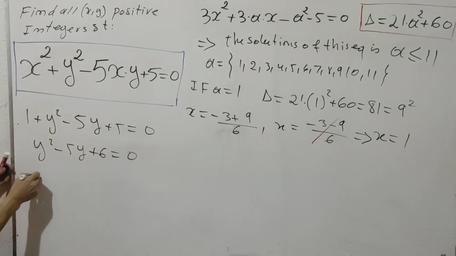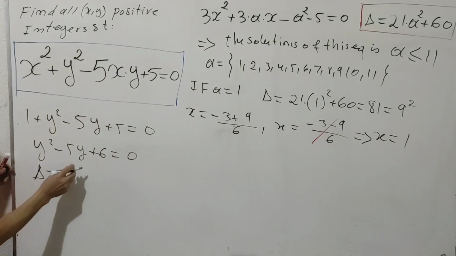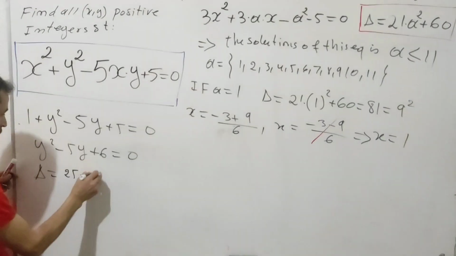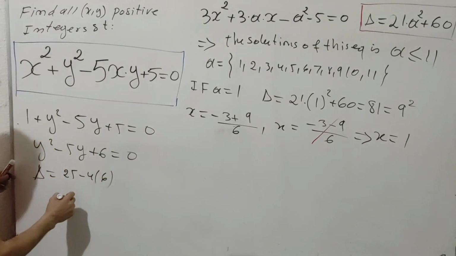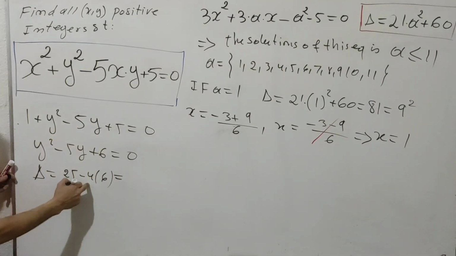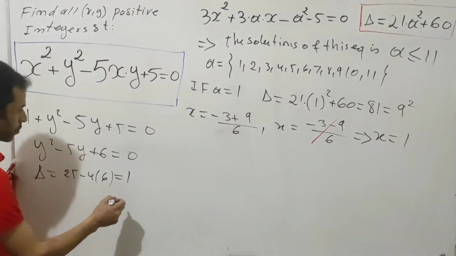I'm going to do the same thing and calculate the discriminant of this one. 5 squared gives us 25, minus 4ac, which is minus 4 multiplied by 6, which is 25 minus 24, which is 1.